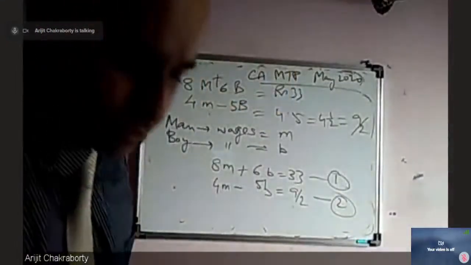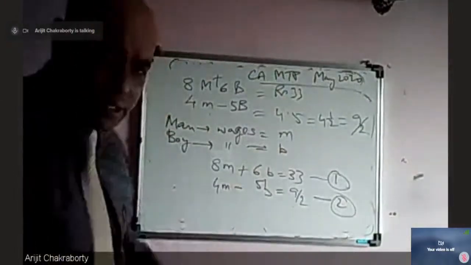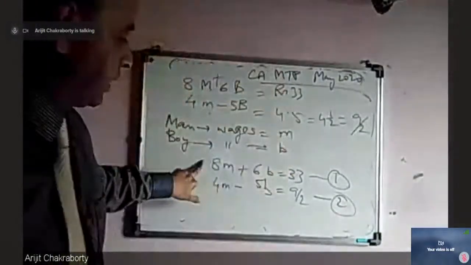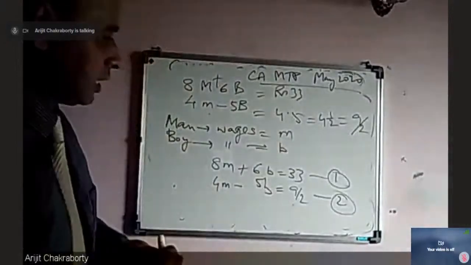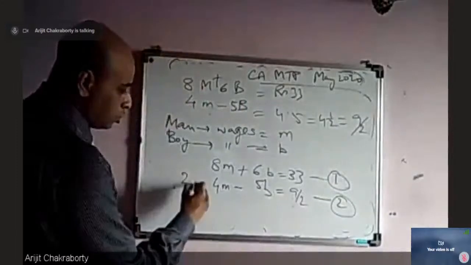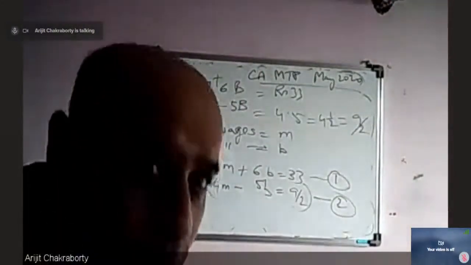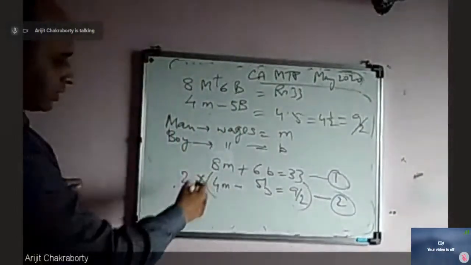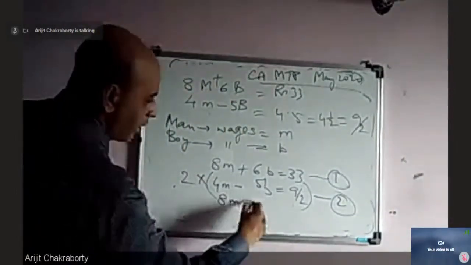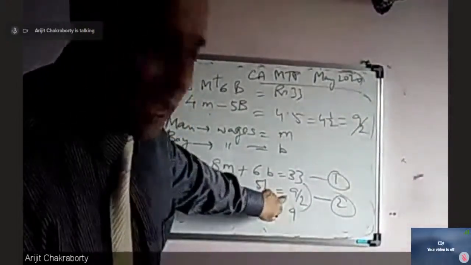You have to solve the equations. In order to eliminate, you have 8 men here, and here you have 4 men. So equation 2, I multiply by 2. So what do I get if I multiply? I get 8M minus 10B equal to 9, since 9 by 2 into 2 is 9.